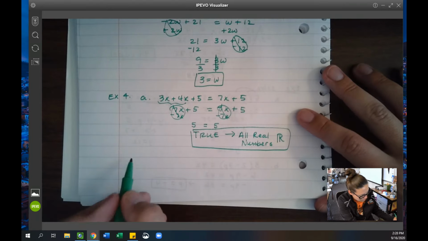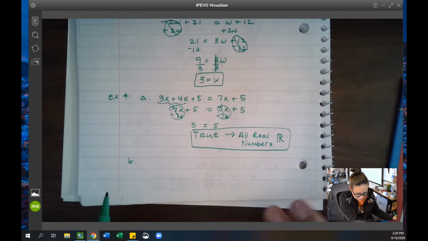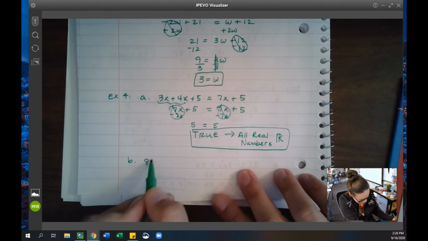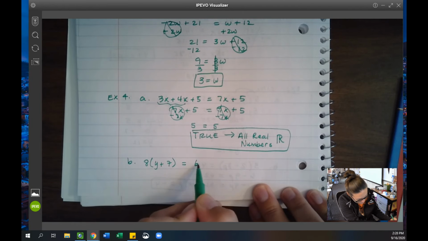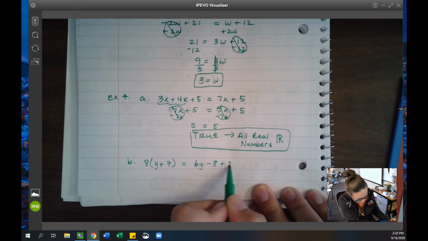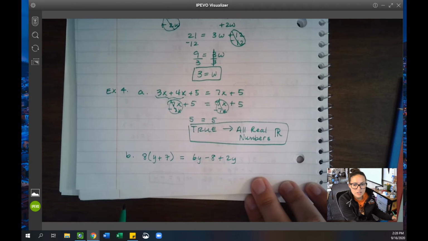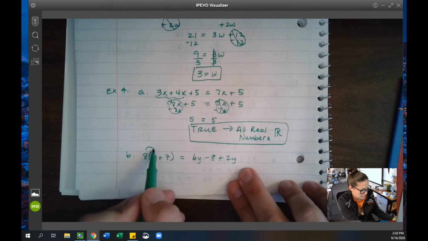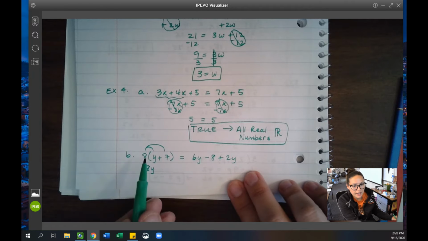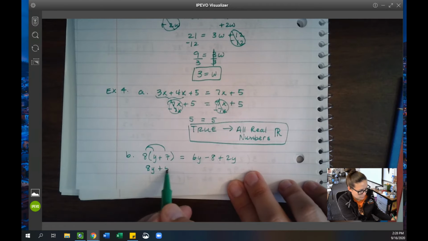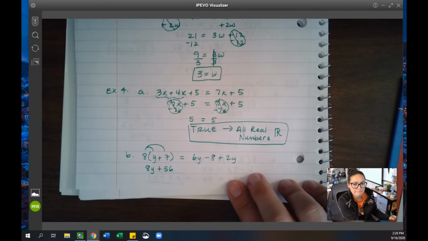All right, let's try part B. 8 parentheses y plus 7 equals 6y minus 8 plus 2y. Okay, so first of all, let's simplify. So I'm going to distribute 8y. 8 times 7 gives me 56.